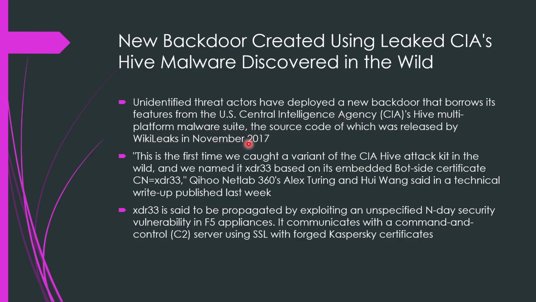This is the first time we caught two variants of the CIA's Hive attack kit in the wild, and we named it XDR33, based upon the embedded fake certificate, that is CN equals XDR33, Geo NetLab 360 said in the technical write-up published last week.